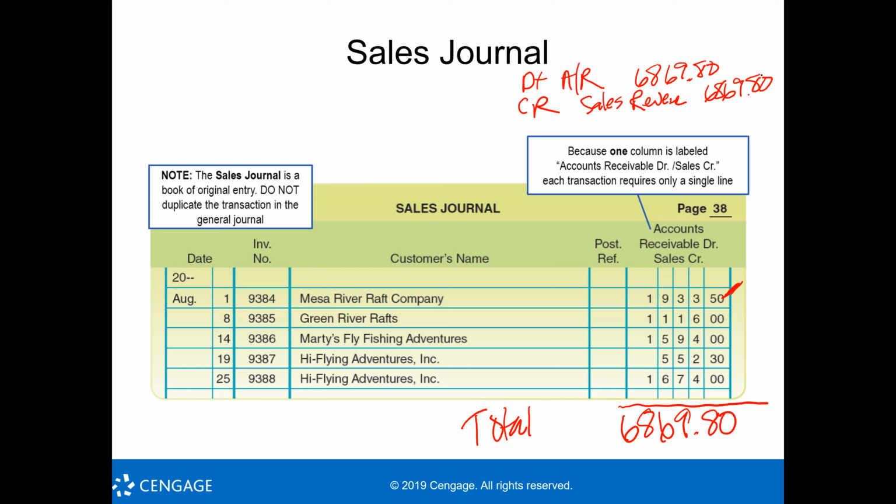So that's what we mean by a summary entry, right? When we use these journals, we would use the journal, for example, for a month. And then at the end of the month, we would come up with the total. And that's what we would do, this one summary entry, instead of doing 5 different entries like this, we would just do one summary entry.